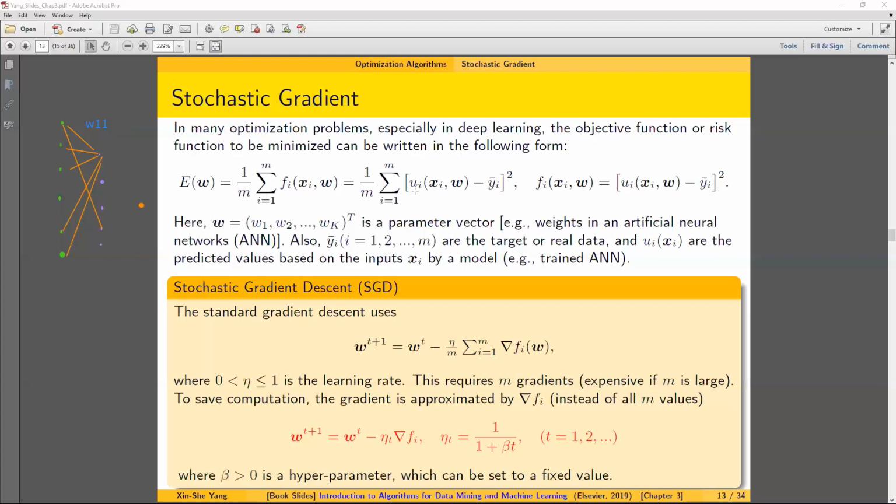Input, some sort of linear combination of the x and w, come back with an estimate of y, minus yi, squared, and then sum them up, and then use 1 over m to get the average. So we're trying to minimize something called the objective function or risk function, is to minimize this quantity.